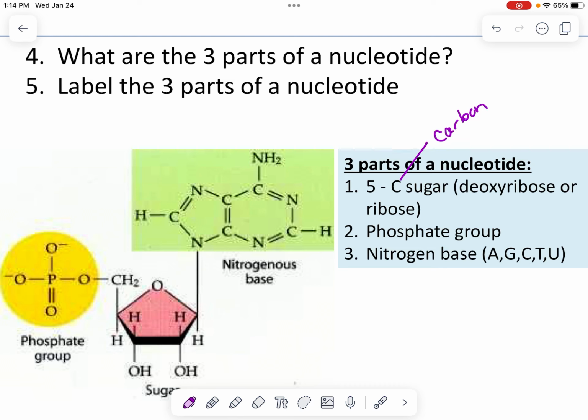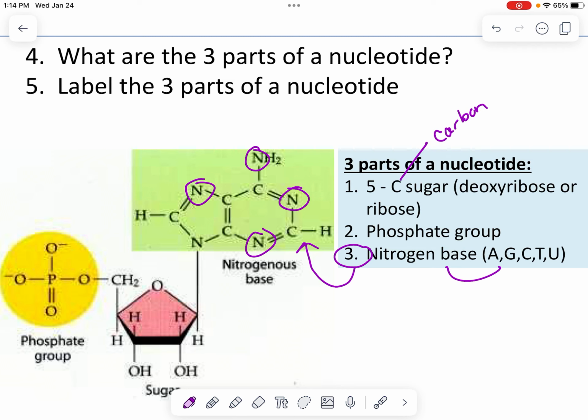A 5 carbon sugar, either deoxyribose or ribose. A phosphate group, which is the same kind of thing we learned when we talked about a phospholipid. And a nitrogen base, because you can see here it has nitrogen in the structure, so we call it a nitrogen base.